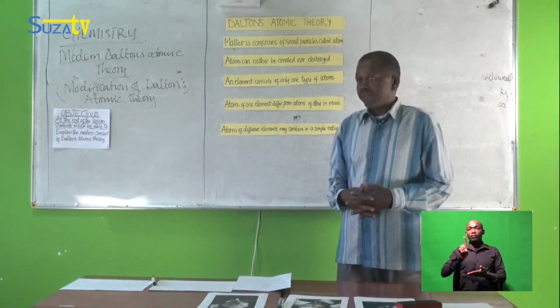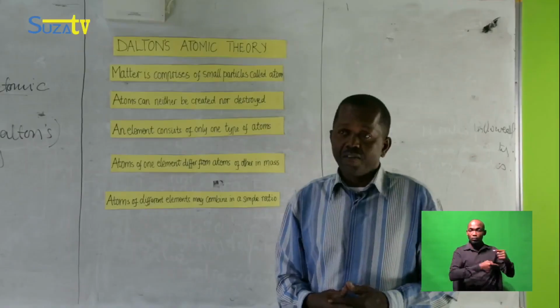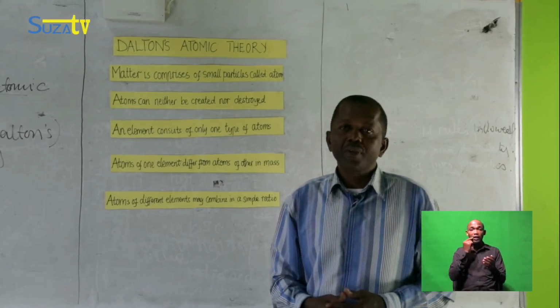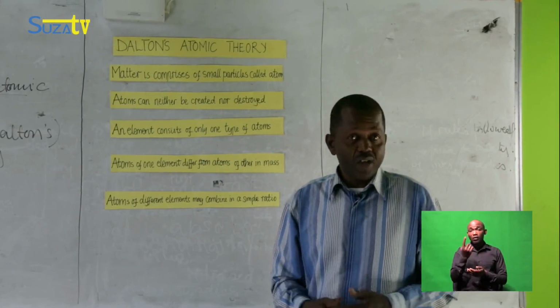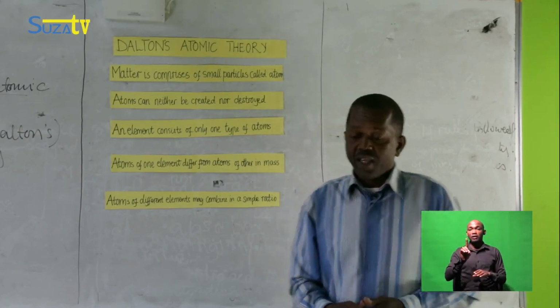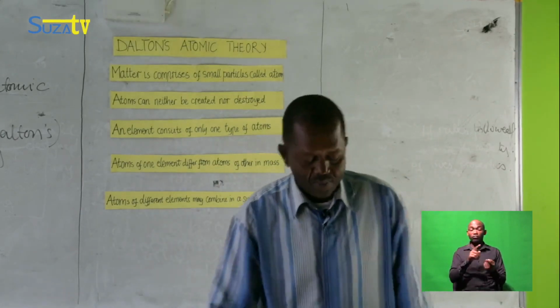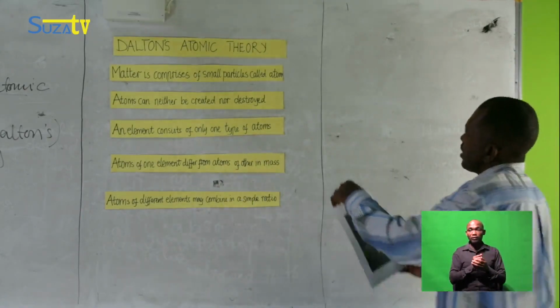At the end, due to the development of scientific tools, for example the microscope, they made new discoveries. So they discovered more about atoms. An example of such scientists is Ernest Rutherford.